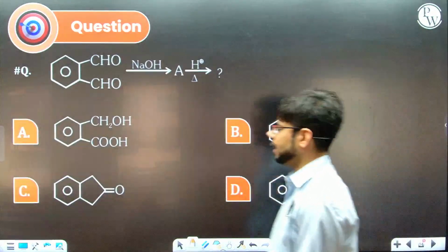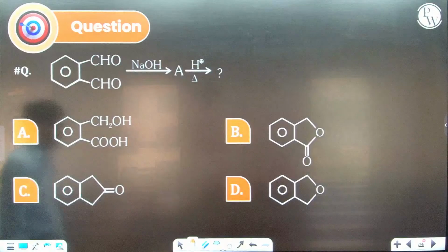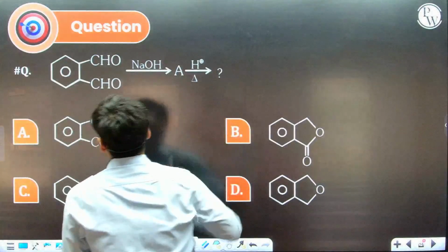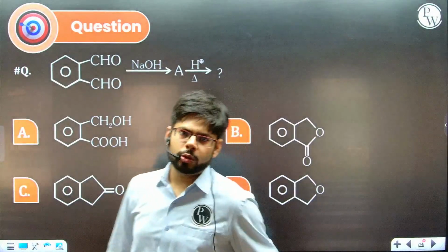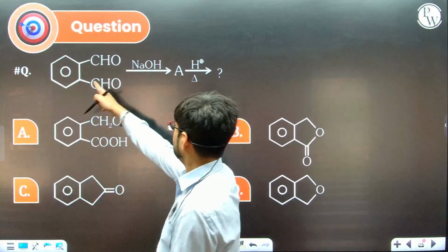Let's look at the next question. Okay. Very interesting question. Right? Now, if you go back to aldehydes and ketones, then you will be able to solve this part easily.